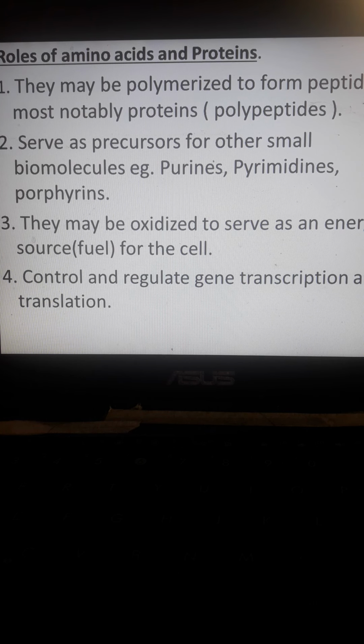Because the protein or the gene, the nucleic acid, is composed of amino acids. So during the copying of the DNA from the parent, the amino acid is already the one that controls, because all of these nucleic acids present in the gene or the chromosomes or in the DNA are comprised of amino acids.